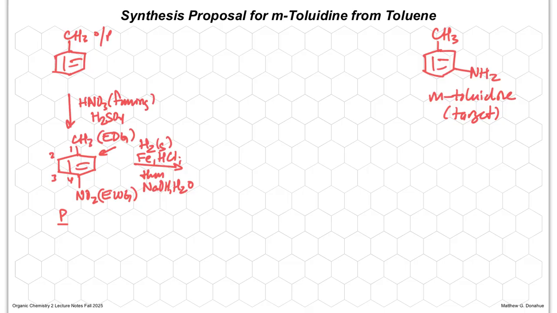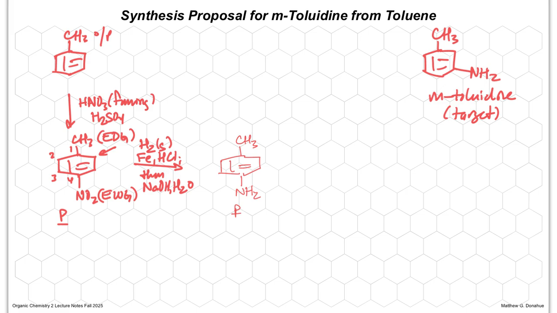So that's taking nitro down to the amino. We haven't changed the relationship. It's still para. We're not at the target because we need a 1,3 and this is a 1,4.